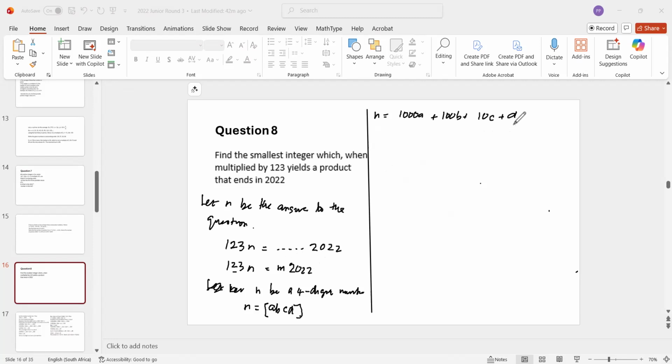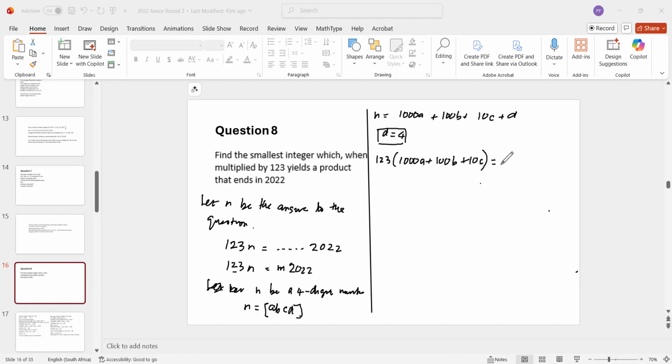You can see D is the units digit, and you got 123 times something ends in 2, so D will have to be equal to 4. Just keep this in readiness, which means that 123 times n, but D is equal to 4.